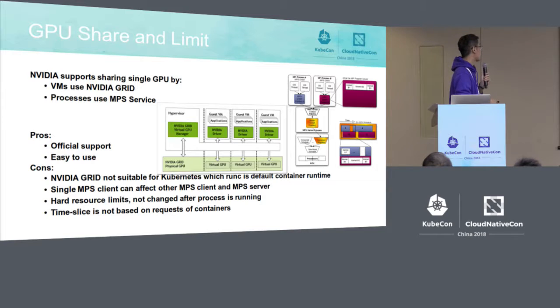And the last one is about time slice. With NVIDIA's time slice, it is distributed evenly to each MPS client. But when they submit an app with settings, they can set it like a CPU: 0.3 core or 0.7 core.